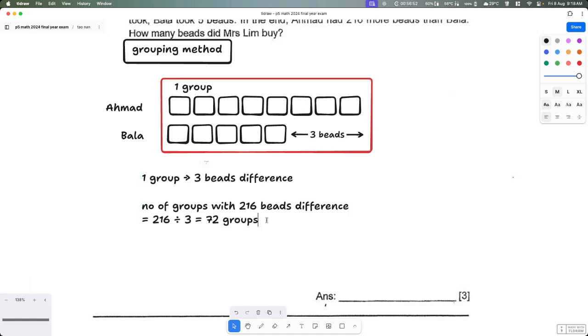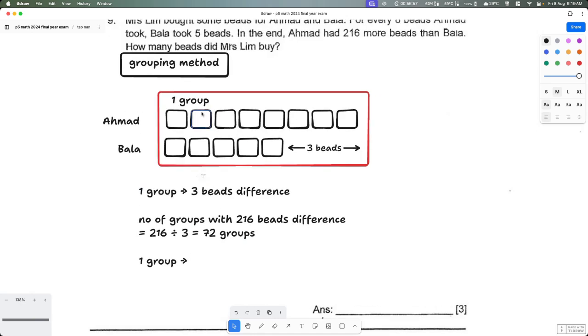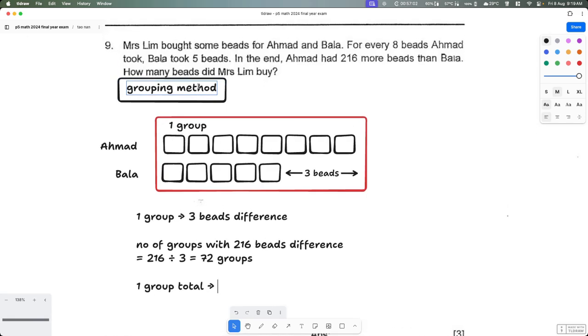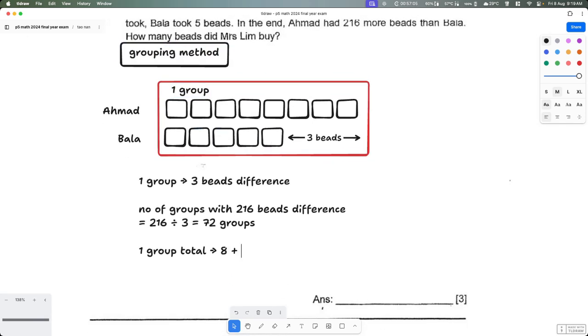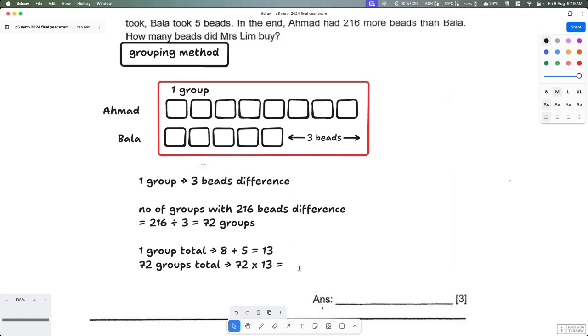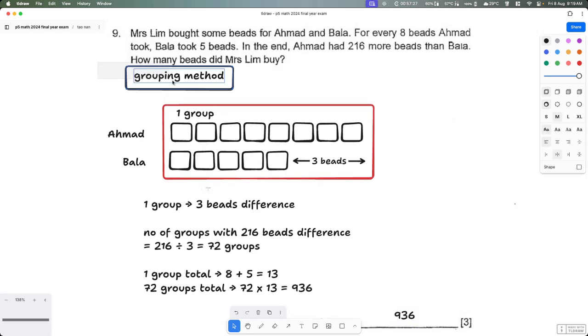We also know that one group total is equal to 8 plus 5, which is equal to 13. So 72 groups total is equal to 72 multiplied by 13. This gives us 936. There you go. So the answer is 936 beats.